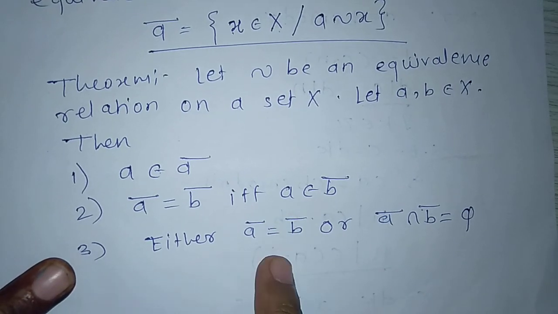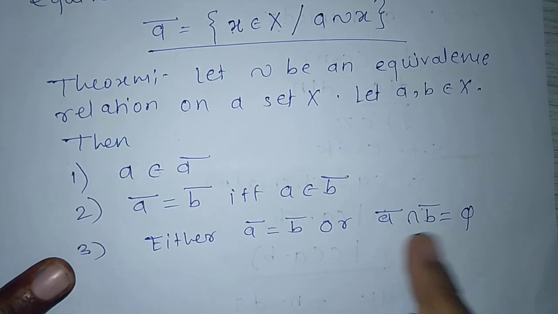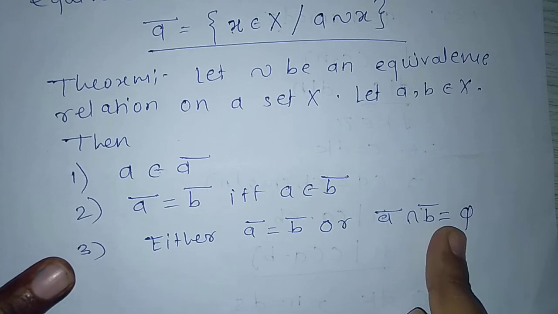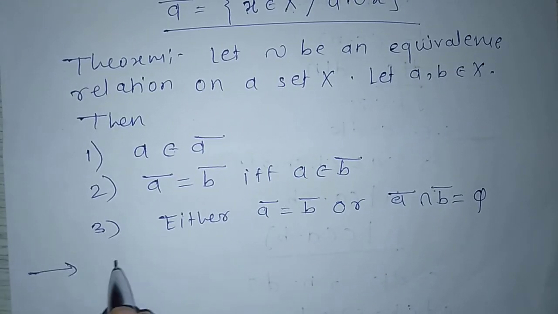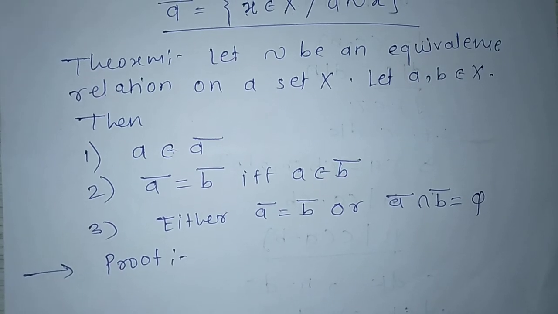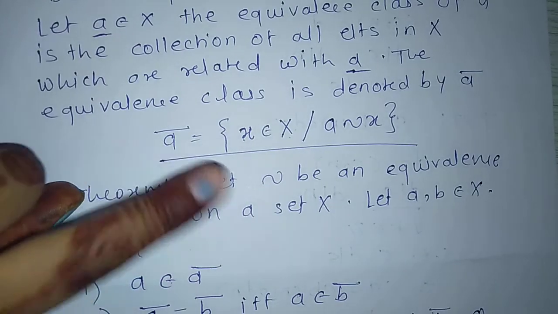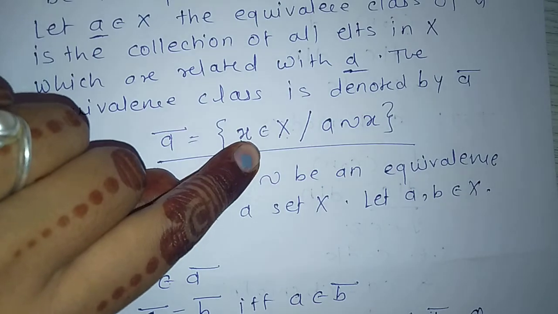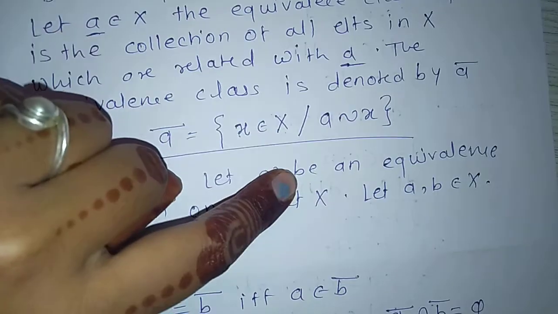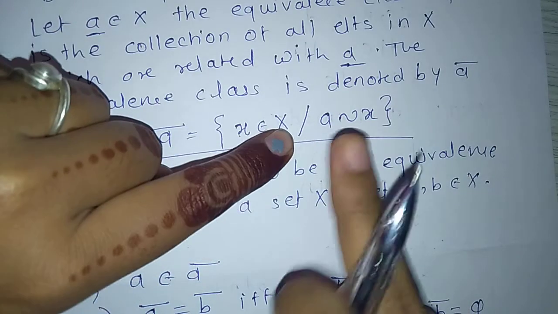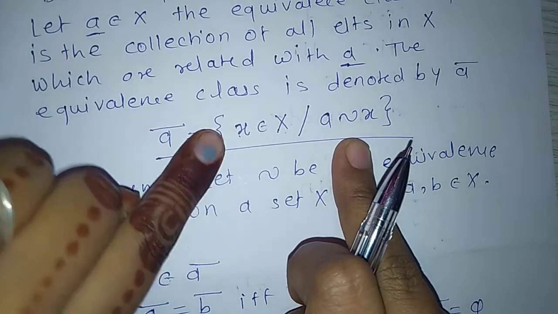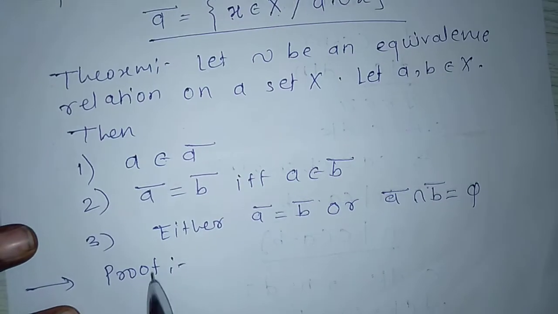Third, either a bar equals b bar or a bar intersection b bar equals phi. Proof. First, recall our definition of equivalence class: a bar equals the set of x belonging to X such that a is related to x. If a is related to x, it means x belongs to a bar.